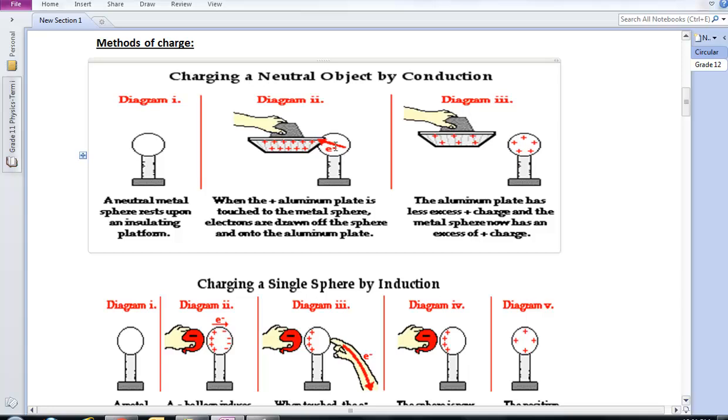With the direct contact, this is what we call conduction, and conduction means that you transferred the same type of electric charge to the object. As you can see, this is a positively charged object, and at the end the electroscope also became positively charged because there is a contact between the two objects. So conduction means a direct contact between a charged object and another one.